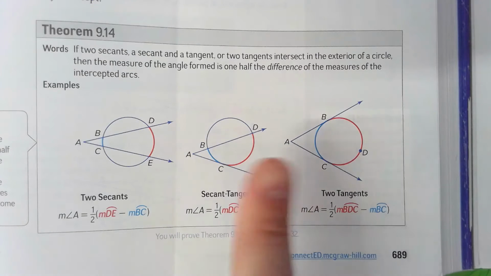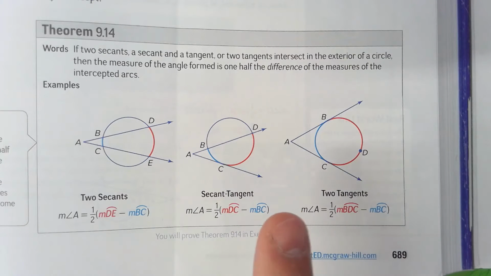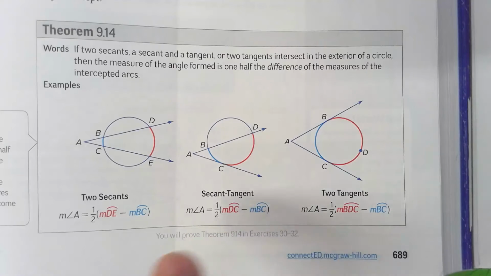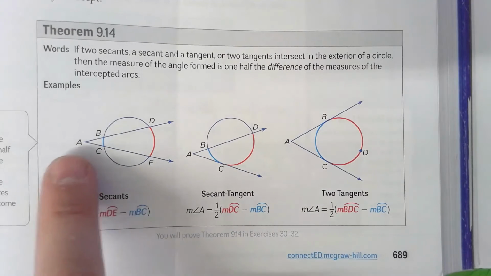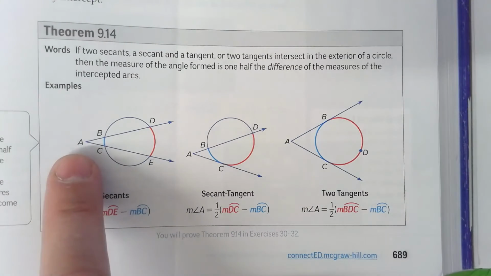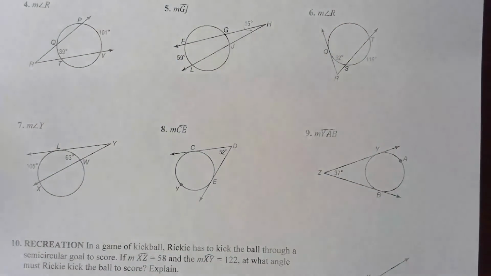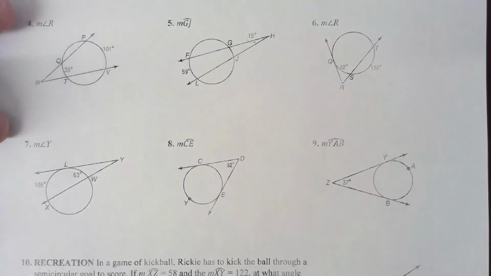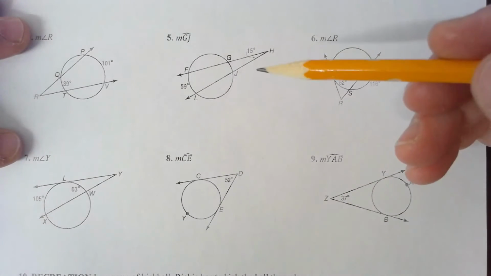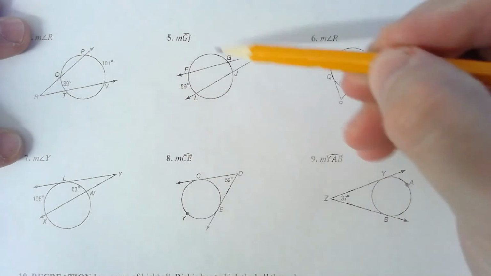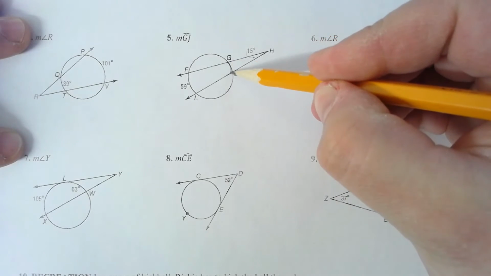After we find the difference, we divide that by 2, or multiply it by 1/2, and that gives us the angle that exists outside of the circle. So let's put that to the test. For number 5, they're asking for arc measure GJ, so I'm looking for this one right here.